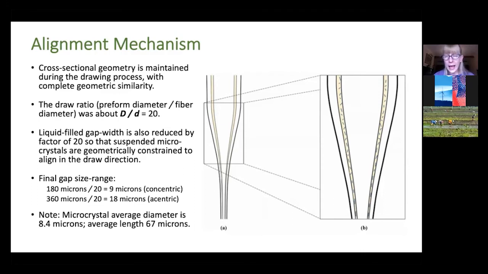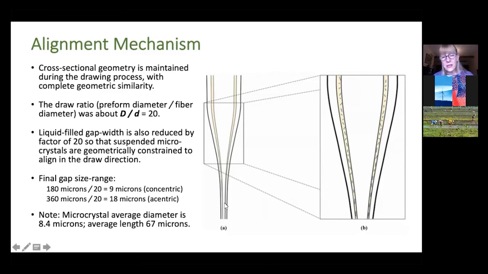But as the preform diameter here is drawn down to the fiber diameter, where that ratio of preform diameter to fiber diameter is 20, that gap is also reduced. So what was a 180 micron gap becomes a 9 micron gap in the concentric fiber, where the rod is right in the center of that tube on the same axis. And in the worst case, where it's acentric, the widest gap is 18 microns.